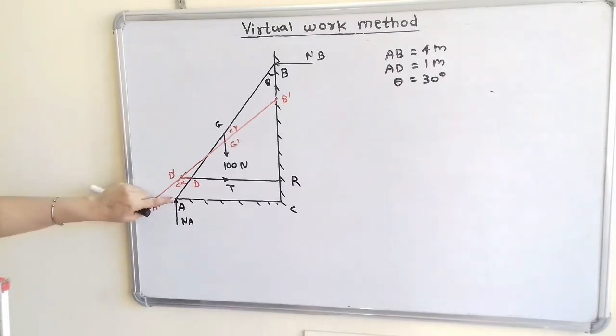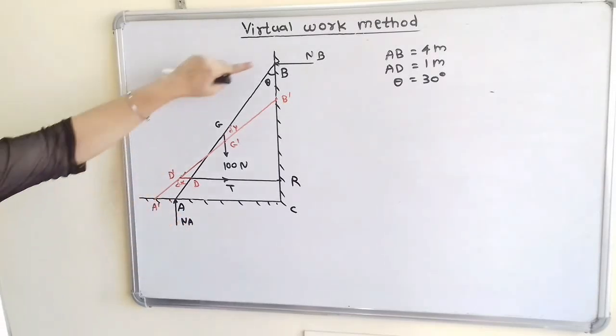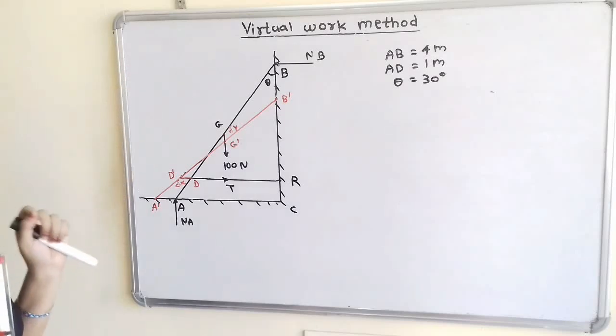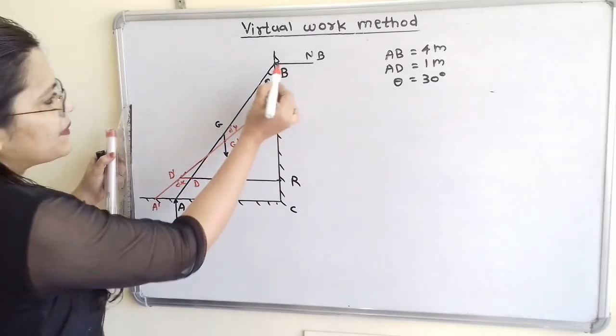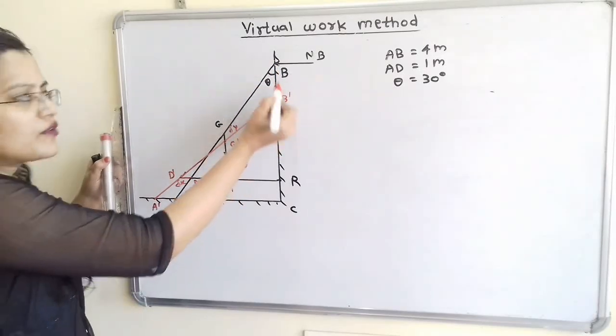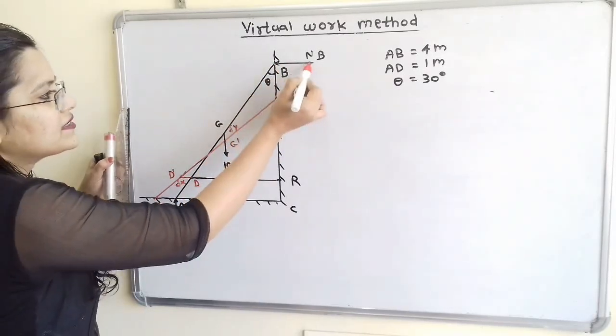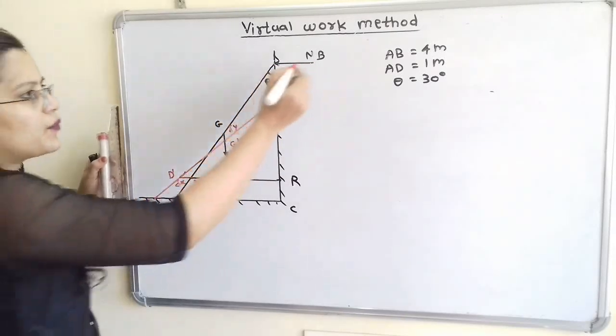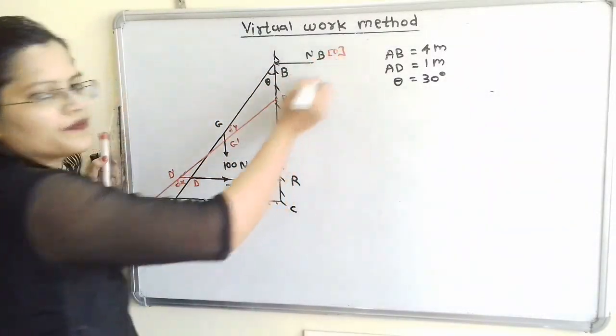Now at point A there is reaction NA and at point B there is reaction NB. But what is happening here? The ladder is slipping along the vertical direction and this is the horizontal force component, so the displacement is 0.